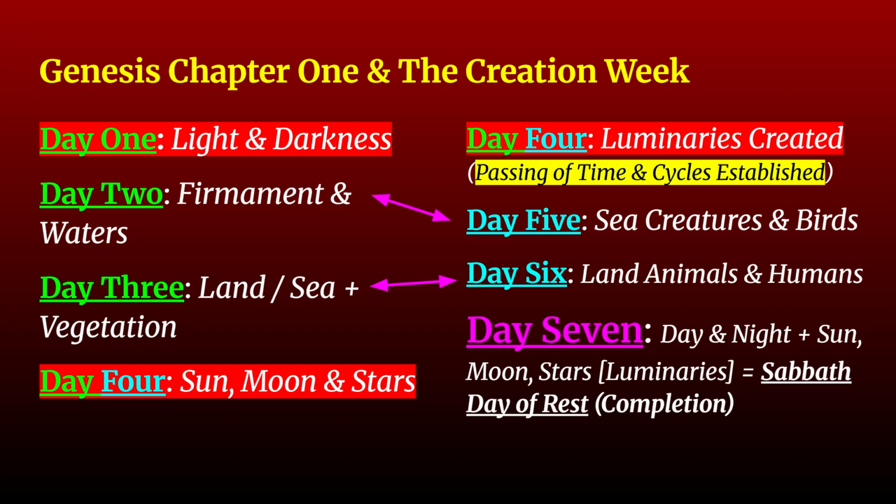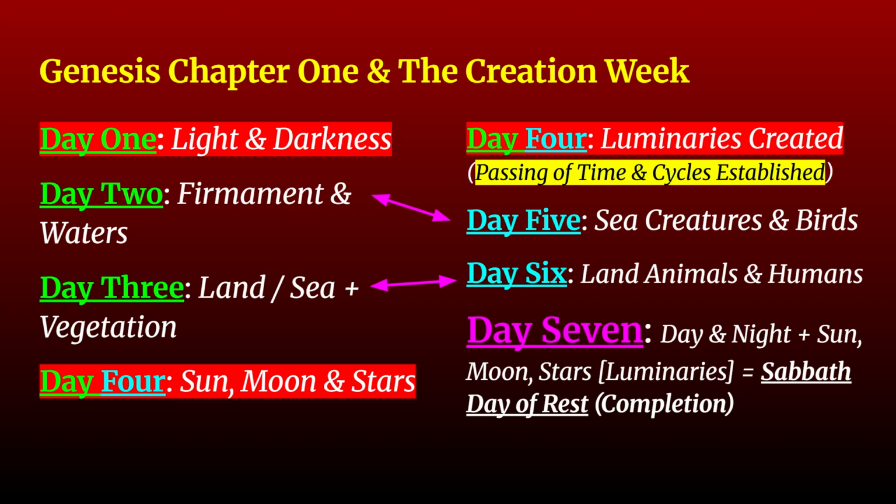What is rest? Rest is this idea that really encodes a cycle. So to rest, you have to have something to rest from. In this case, that is creation. So the cycle of creation, the septenary, he now completes and rests on the seventh day, but that is dependent on there being day and night, sun, moon, and stars to keep time.